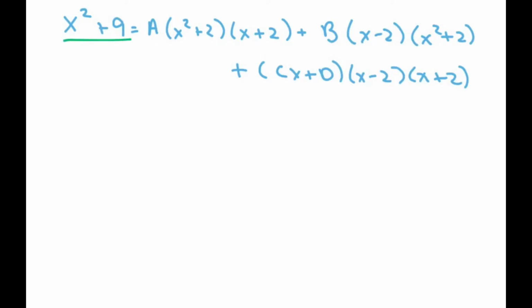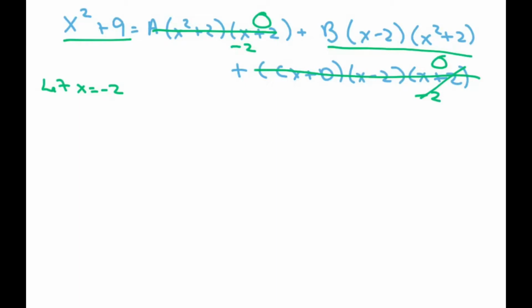So now we're going to let x equal negative 2. If I let x be negative 2, that's going to turn to 0 and zero that out. A negative 2 here will zero that out, and 0 times all that's just going to be 0. So we're going to find our b.